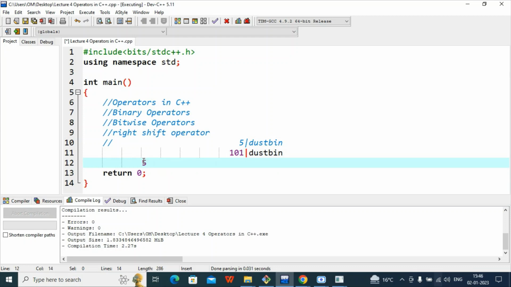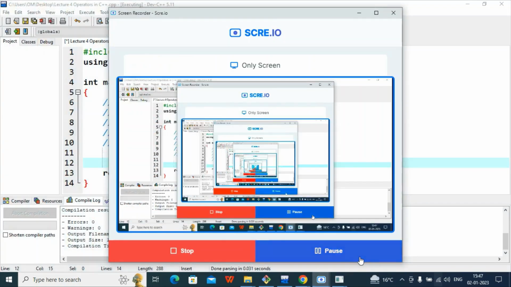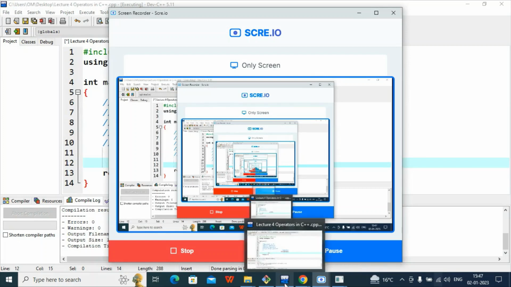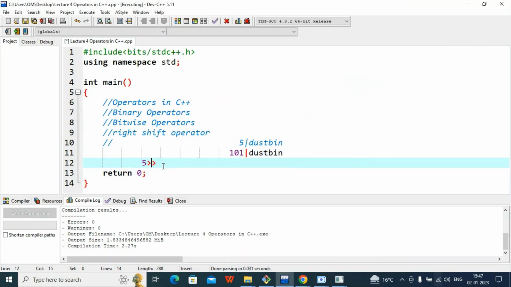When I do 5 right shift, it means the arrows are in the right direction. So I'm saying 5 right shift of 1. What will happen?